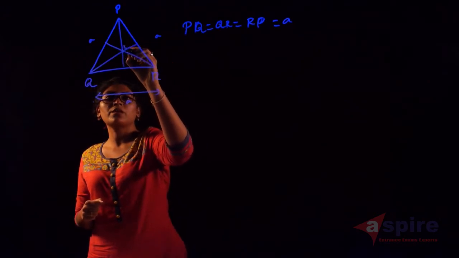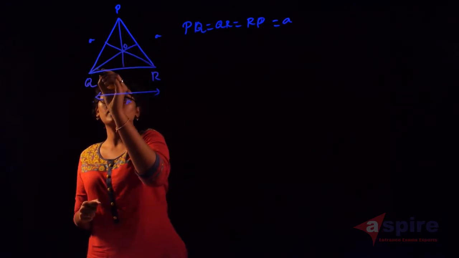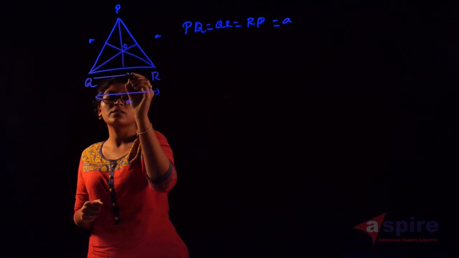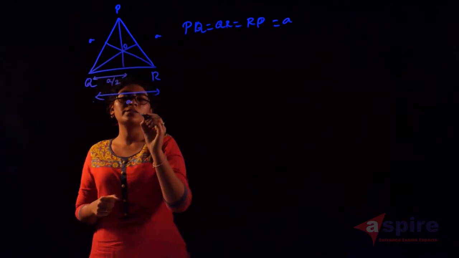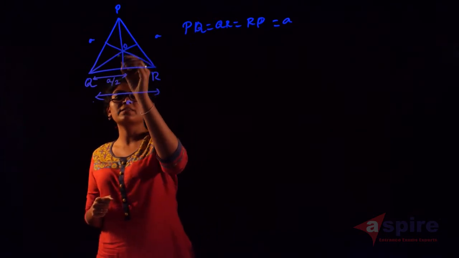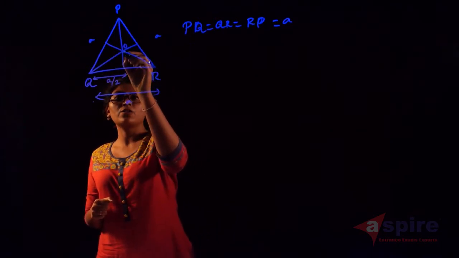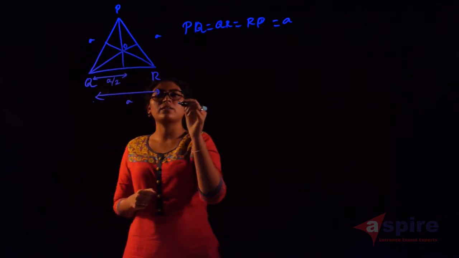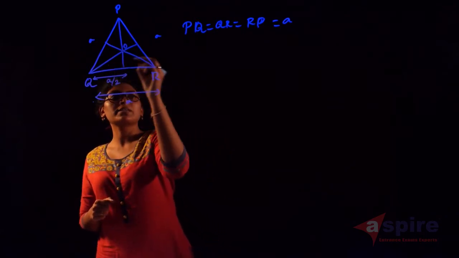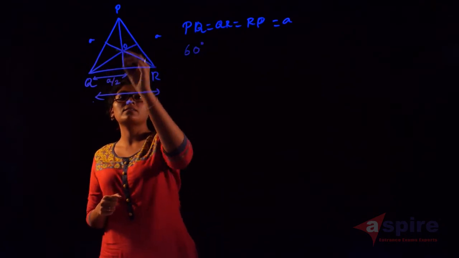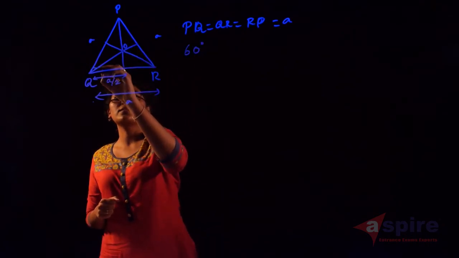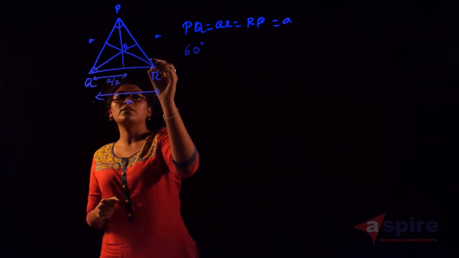This is said to be centroid. So let us consider this as O. And in our problem, they are given as this distance is A by 2. So we need to find the magnetic field at the centroid of the equilateral triangle. And one more thing is, in an equilateral triangle, the angle of all these three vertices are 60 degree.